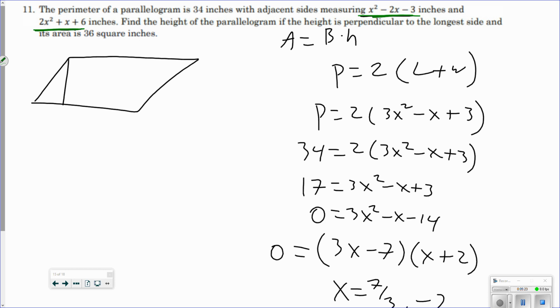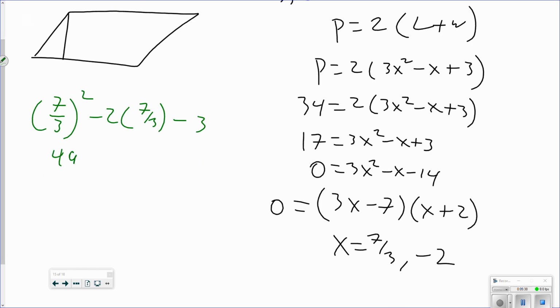So if I plug in 7 over 3 into x squared minus 2x minus 3, what I get is 7 over 3 squared minus 2 times 7 over 3 minus 3, or 49 over 9 minus 14 over 3 minus 3, which is the same as 27 over 9.